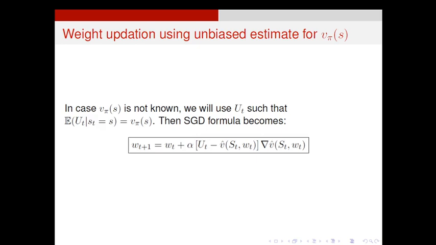There is no guarantee that this updation formula will move in the minimum error direction. That is one of the disadvantages of using this unbiased estimate Ut instead of v pi of s. We will see this in more detail.